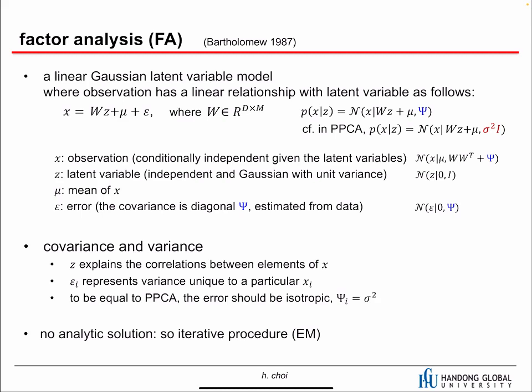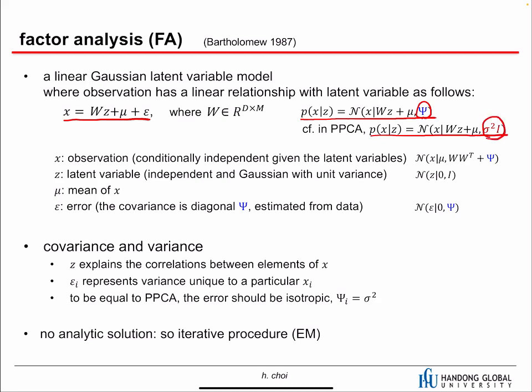Factor analysis is a linear Gaussian latent variable model where the observation has a linear relationship with the latent variable, as follows. This equation is exactly the same as PPCA. The conditional probability of x given z is defined by this. For your information, in PPCA, this conditional probability was defined by this. So the difference here is psi versus sigma square times the identity matrix.